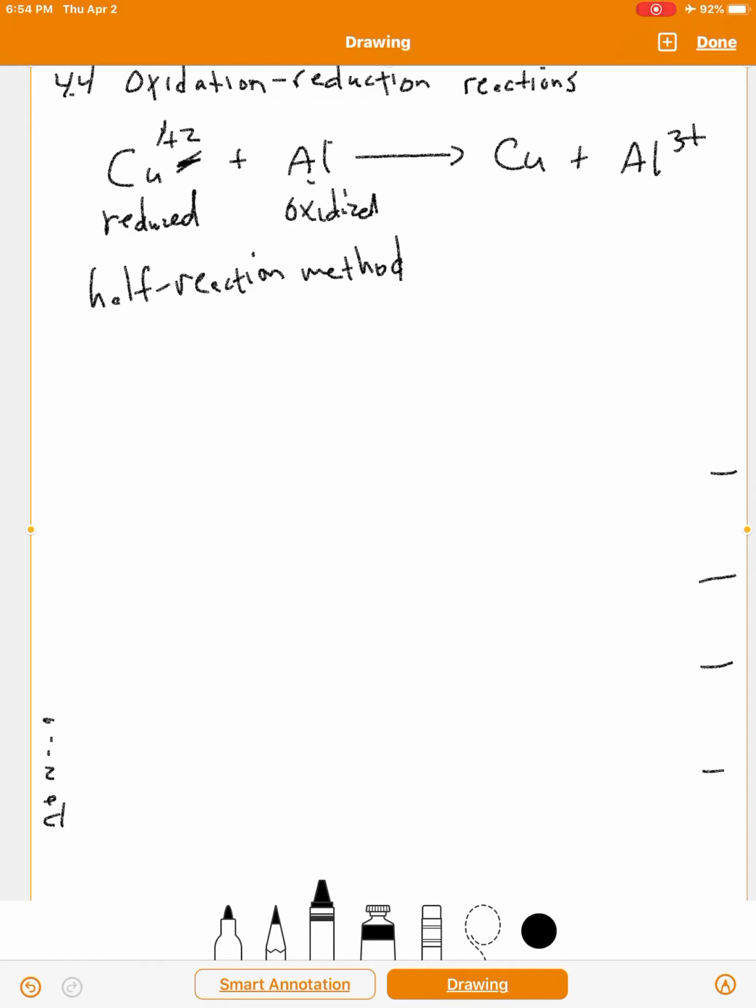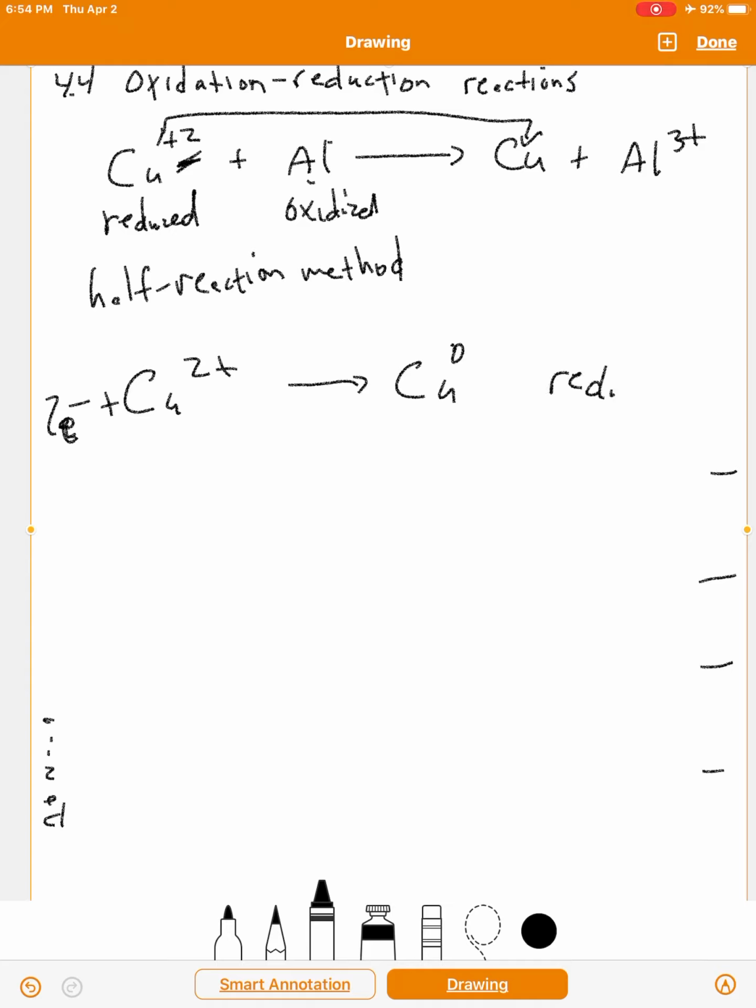The half reaction method is you take the first element, so copper 2 plus, and then you balance it. On the more positive side you put the electrons. Copper 2 plus is more positive than copper. Again, if you need to, you can put a 0 there. So that's that one. Gaining electrons is reduction. LEO goes GER. We're gaining electrons, that's reduction.